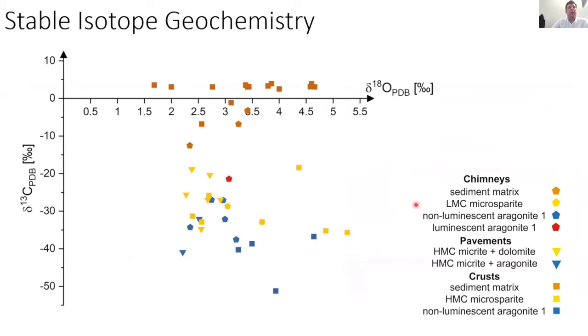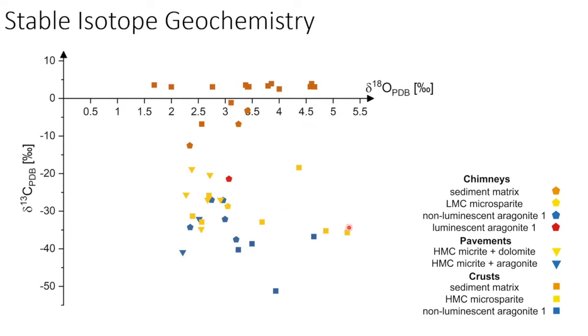So in the end, we measured the different phases with stable isotopes, delta 13C, so carbon isotopes, and oxygen isotopes. And we can see here that we have a lot of values of around 0. And this is more like the sediment matrix.